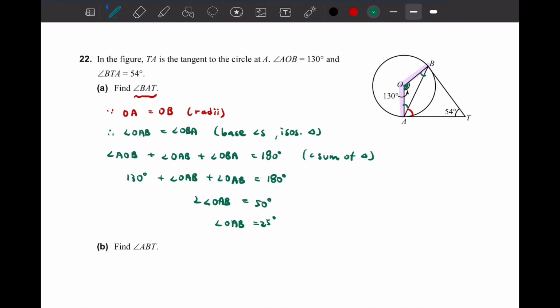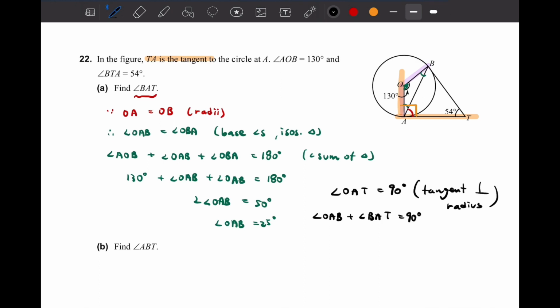So you got that, and how can we find angle BAT? So it tells you that it is a tangent, and what do we know about tangent? We know that this here is going to be 90 degree, so that we can say angle OAT is equals to 90 degree because of tangent perpendicular radius.